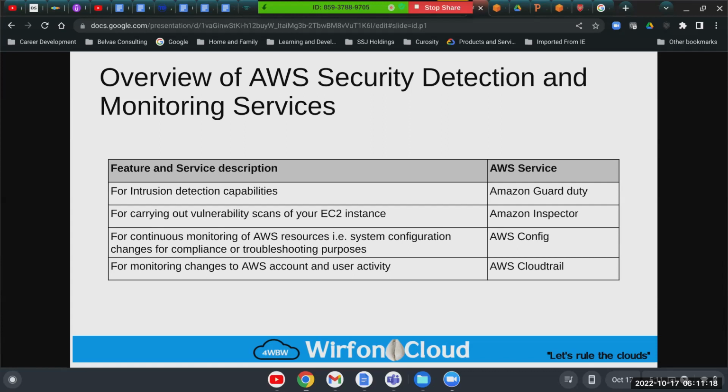And there's a means by which you can also do continuous monitoring of your resources. For example, instead of checking for every single vulnerability, you can map out certain very specific dangers which you have identified, which are relevant to you. You can have that stored in an area where you list the dangers you're looking for, so that your system can scan the network for those dangers. That falls under a service called AWS Config.